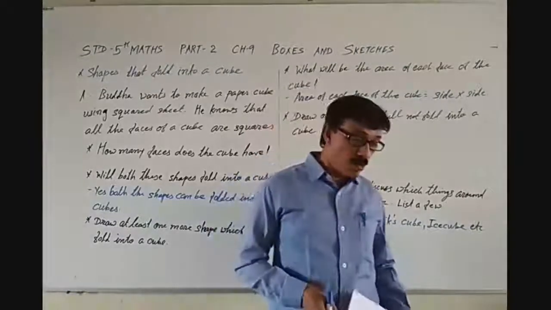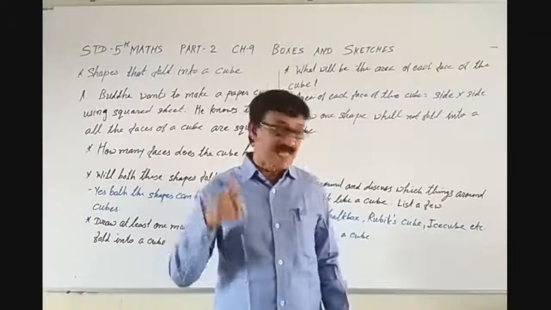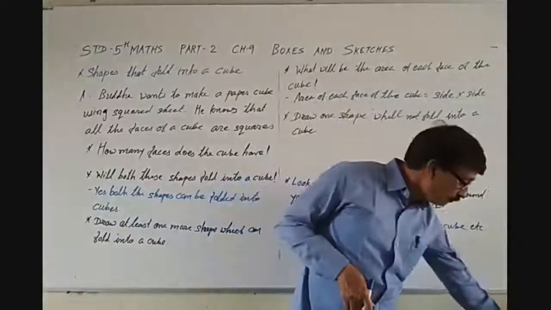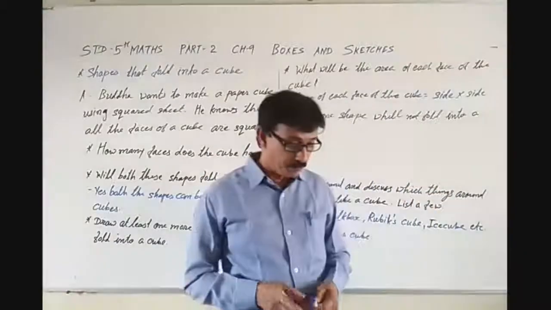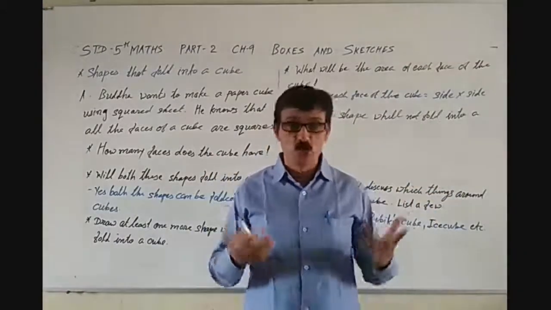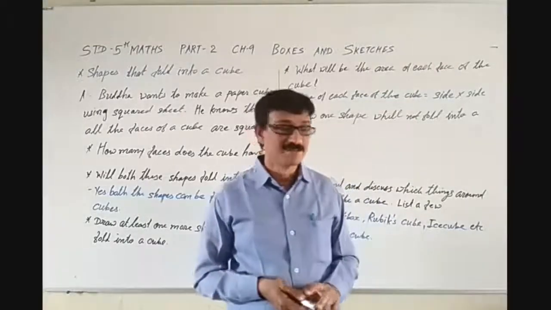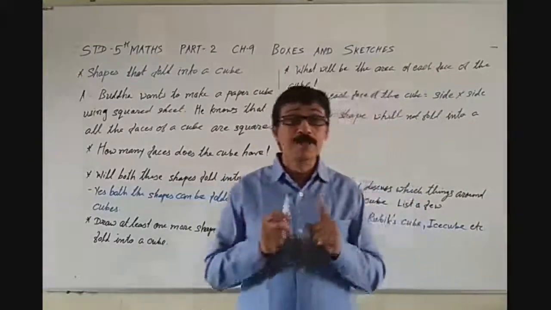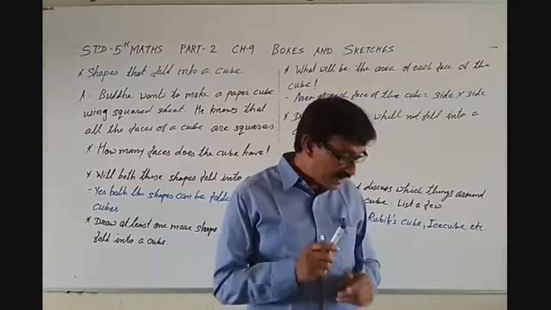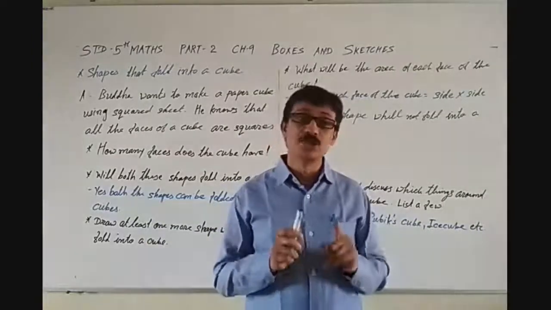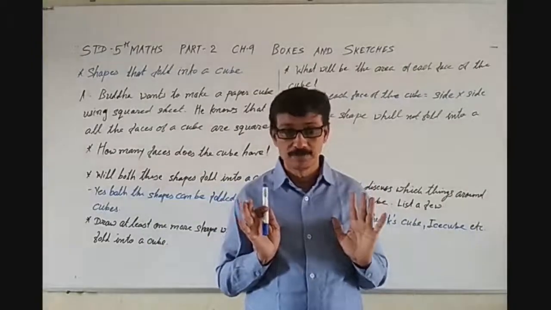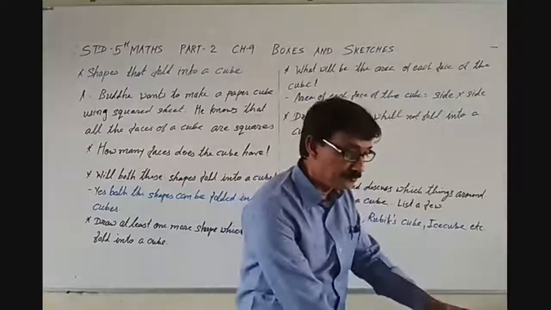Okay, let's go to the next part, that is the second part, and let's see what is there and go for the activities. So open page number 127 in your textbook. First of all, let's go further.